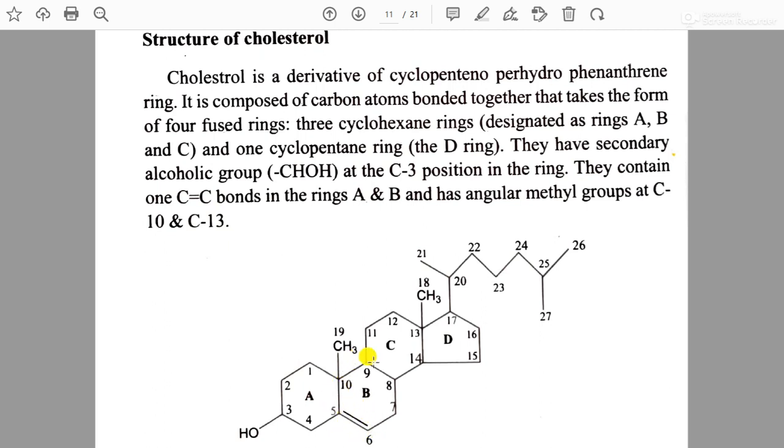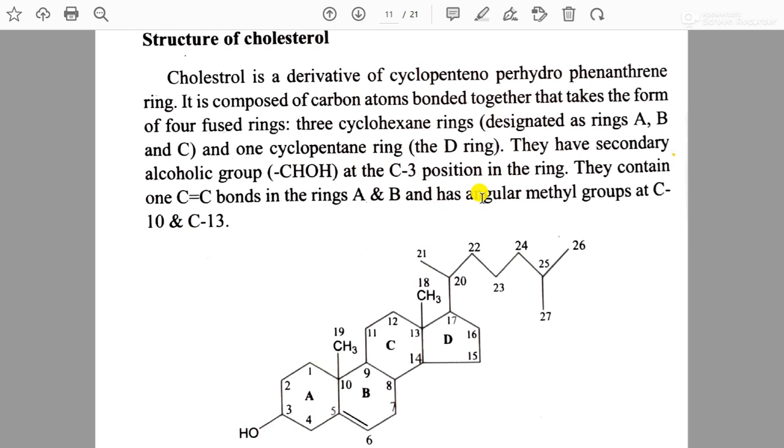You can see that in ring B there is a double bond present at the 5-6 position, and also there is an OH group, a secondary alcoholic group, present at position 3. Here you can see that this carbon atom is bonded to 2 other carbon atoms, that is 2 and 4. Therefore, we call it a secondary alcoholic group.